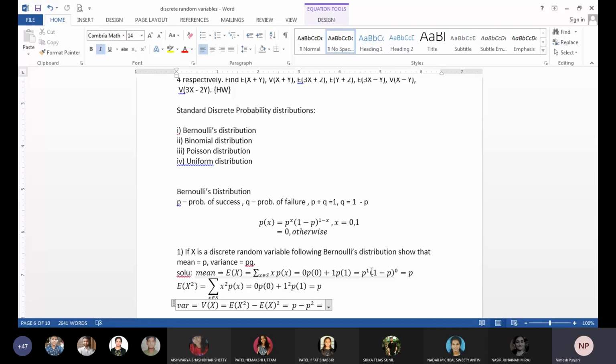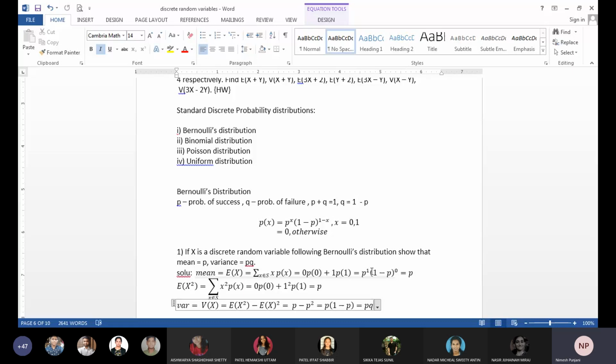Is this clear? Taking p common, what remains is 1 minus p. And what is 1 minus p? It is nothing but q.